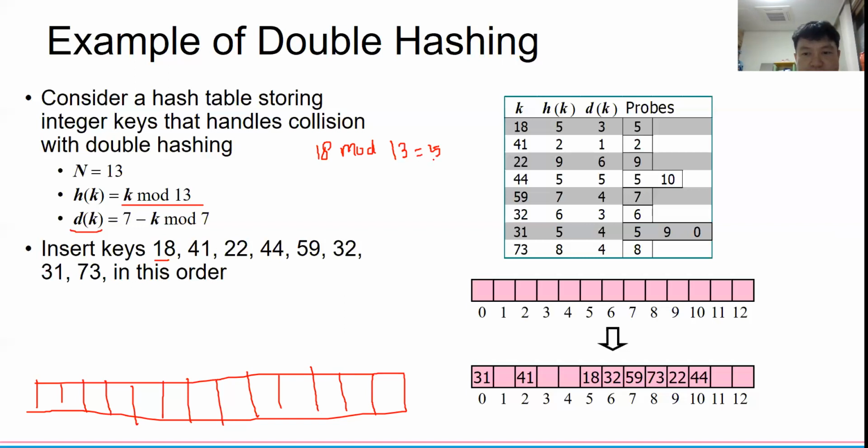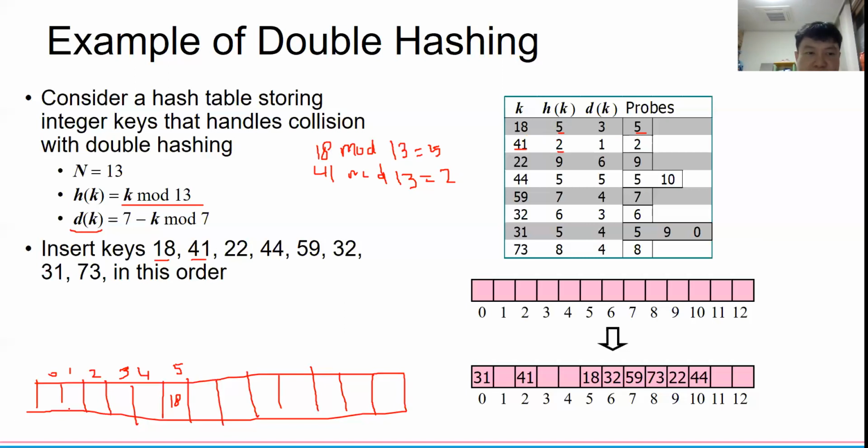So we have a 5 here, and then just put 0, 1, 2, 3, 4, 5. Here is 18. What about 41? 41 mod 13 is 2.